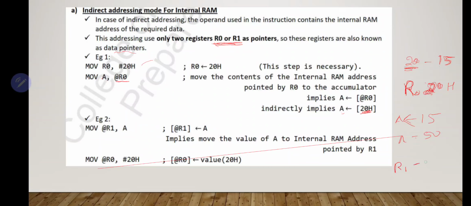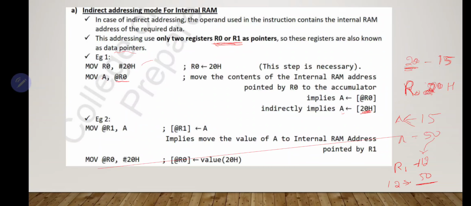R1 has the content 12, so the 50 is moving to location 12, which is vacant. The content of R1, 12, is converted to an address location, and 50 is stored at that location. So this is called indirect addressing mode.